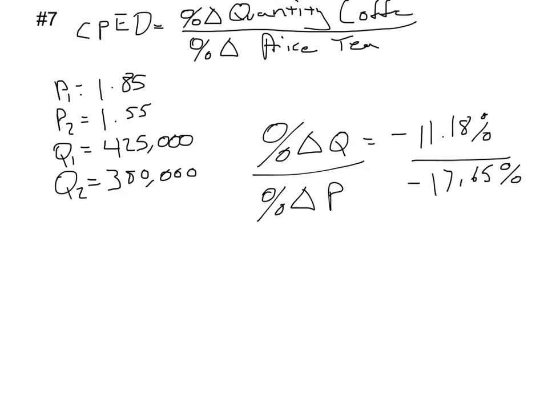If I do that calculation, the cross-price elasticity of demand for coffee with respect to tea is 0.63, which would be inelastic cross-price elasticity.